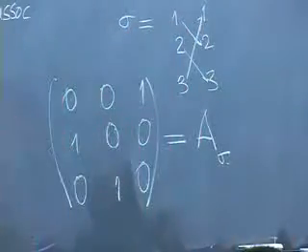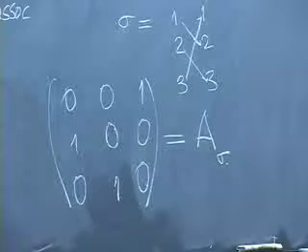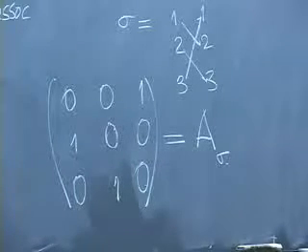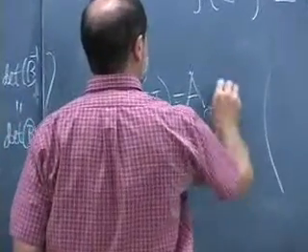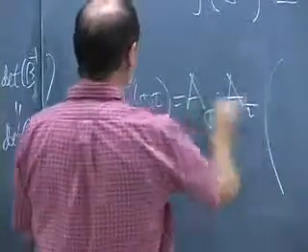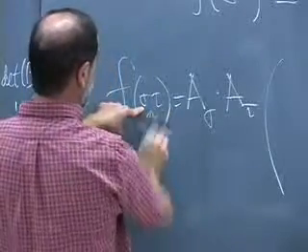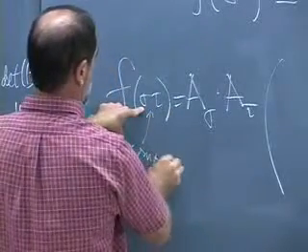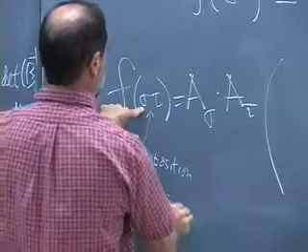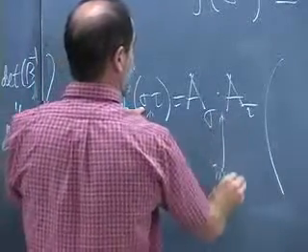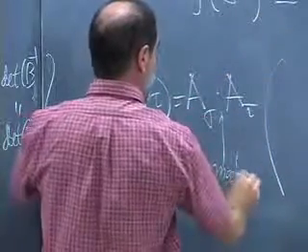Now, one thing you have to check is that this is a homomorphism. So you have to check that when you apply F to the permutation sigma tau, you get A sigma times A tau, where this is composition of permutations and this is matrix multiplication, because that's the multiplication law there.